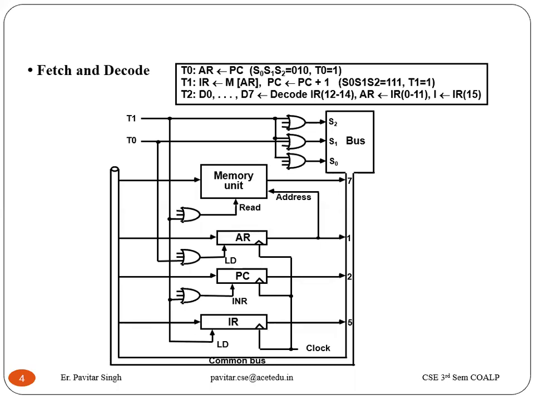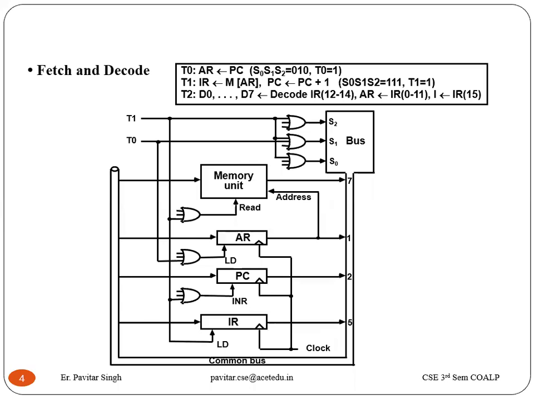You know that the value placed on the common bus for the program counter is 2. That is the reason S0, S1 and S2 is equal to 0, 1, 0, the binary equivalent of 2.